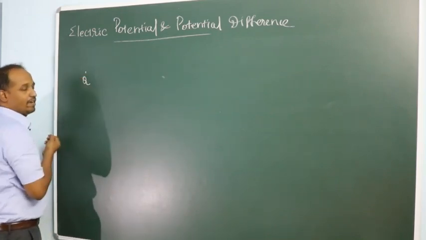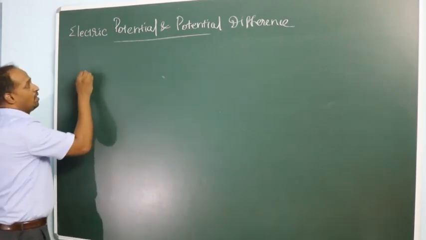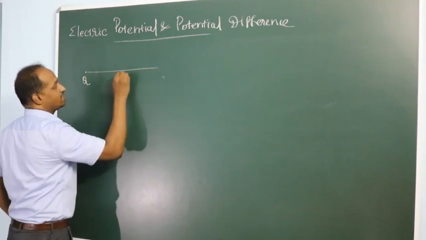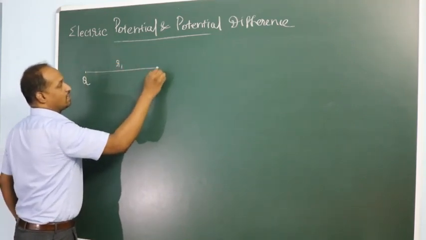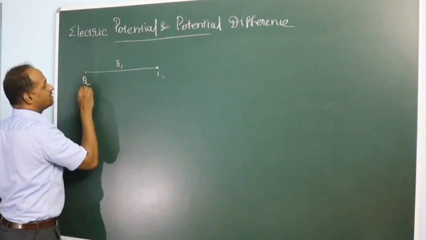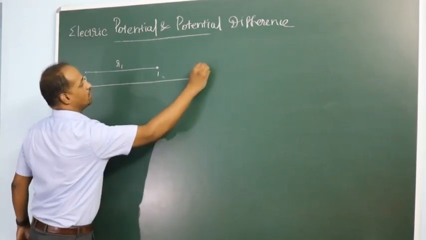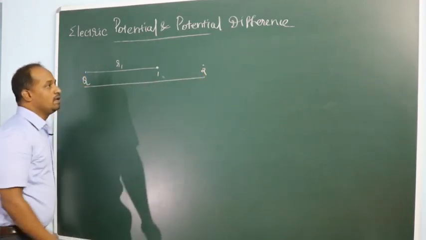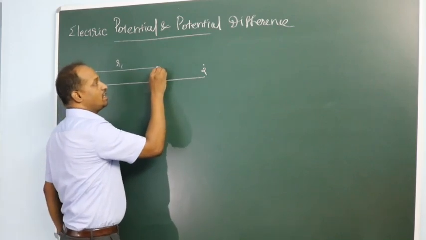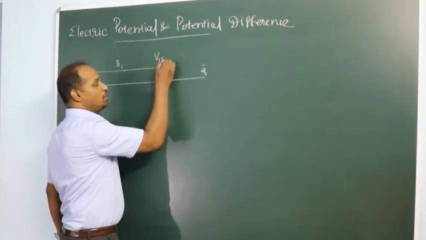So there is a point charge Q. From the point charge at a distance r1, there is a point 1. At a distance r2, there is a point 2. Then what is the potential of 1 with respect to 2?